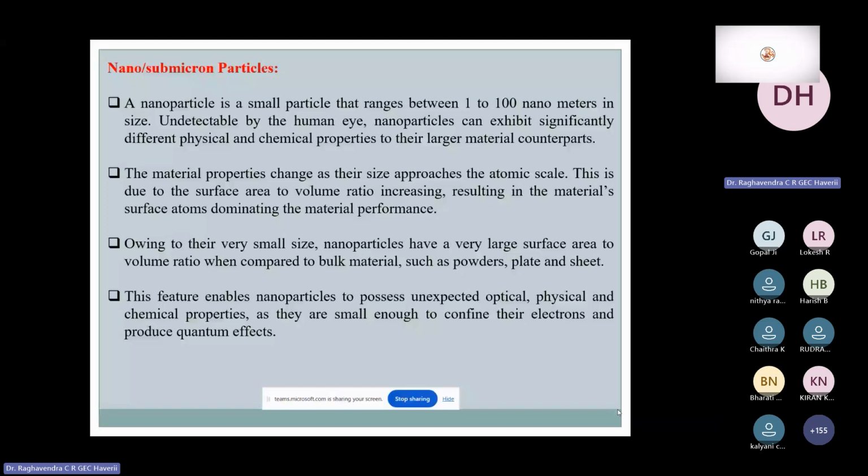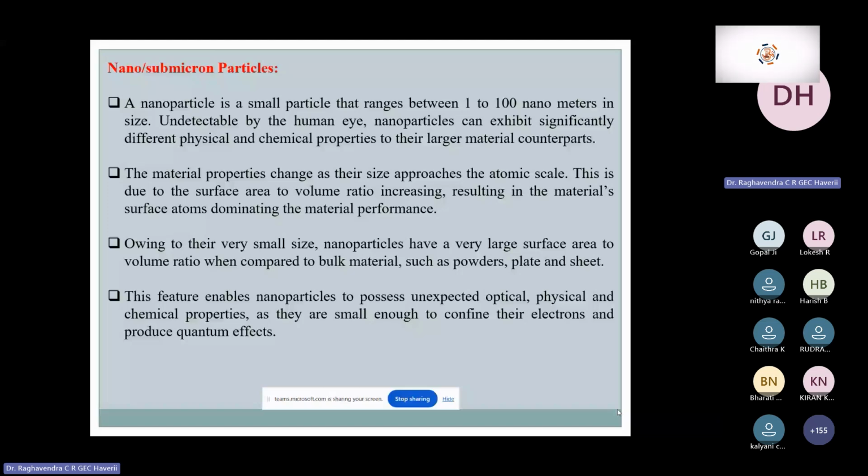Owing to their very small size, nanoparticles have a very large surface area to volume ratio when compared to bulk materials, such as powders, plates, or sheets. For example, graphene is available in sheets, carbon nanotubes are available in cylindrical form, and even powders like alumina, zirconia, and metal powders are available in nano size.